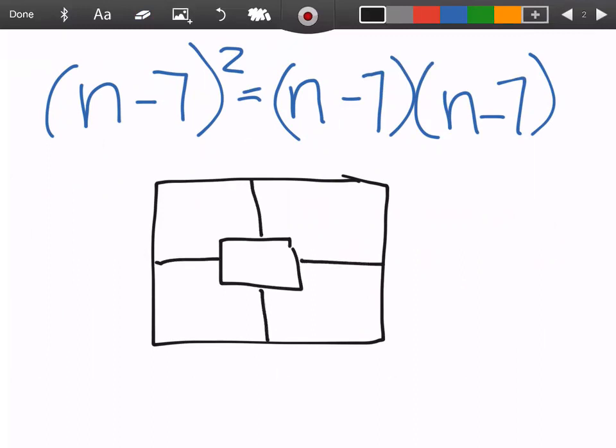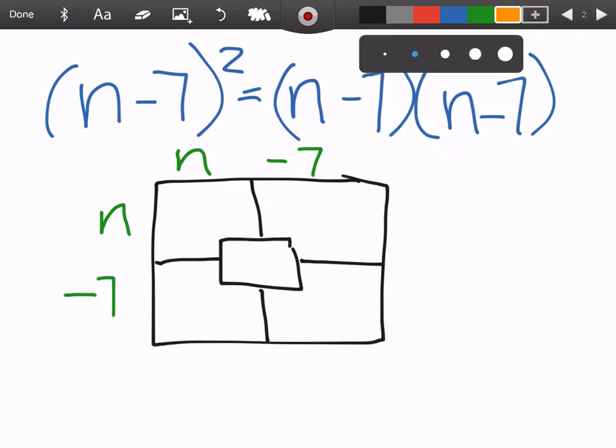Now if we remember the box method, you're going to list the first parentheses across the top. So we have n minus 7. And then along the side, vertically, we're going to have n minus 7. So just like we did 2 weeks ago, we're going to take n, what's on the very top, and multiply it by what's on the side.